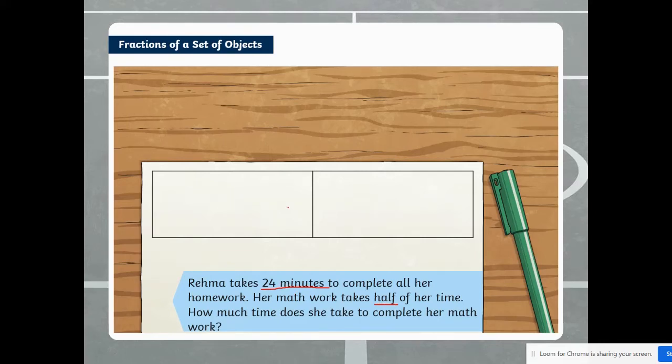Later, you can use any counters to place in each of the boxes one at a time, like how we have done earlier, and then find out how much would be the given fraction. So let's go ahead. Here we have to divide 24. So let's begin. 1, 2, 3, 4, 5, 6.